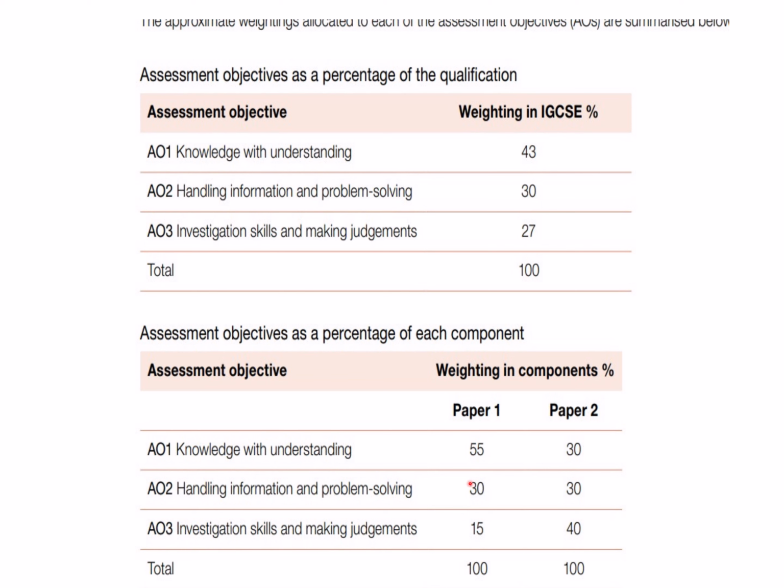Objective 1 has 55% weightage for paper 1 and 30% for paper 2. Assessment objective 2 has 30% for paper 1 and 30% for paper 2. And assessment objective 3 has 15% weightage for paper 1 and 40% for paper 2.